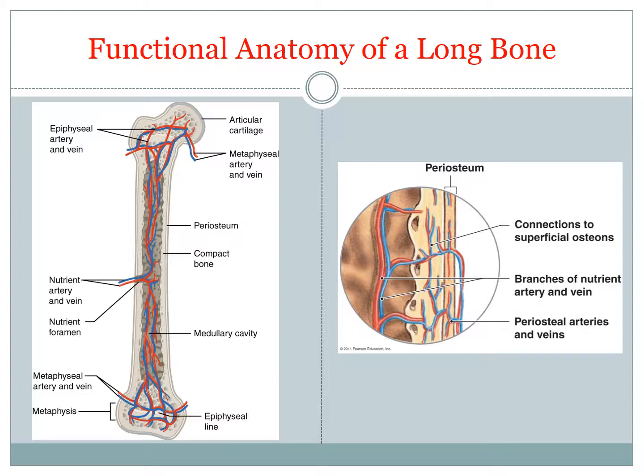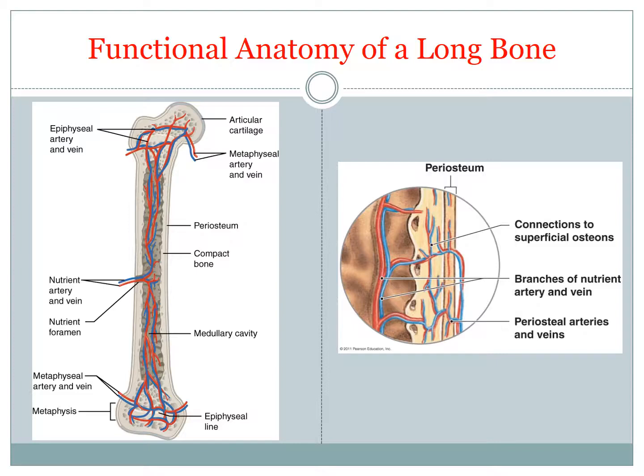So the nutrient foramen is a tunnel that penetrates the shaft of the bone and provides access for the blood vessels. The nutrient artery transports oxygenated, nutrient-rich blood to the bone, and the nutrient vein transports deoxygenated, waste-laden blood from the bone.